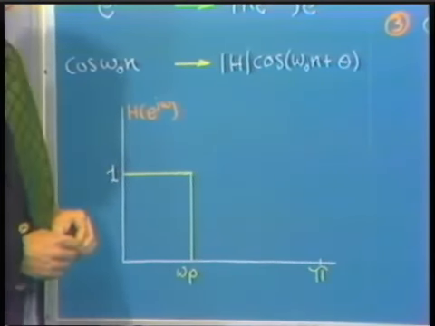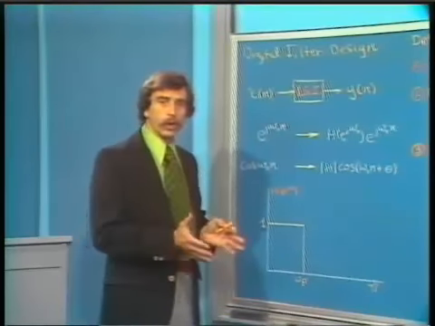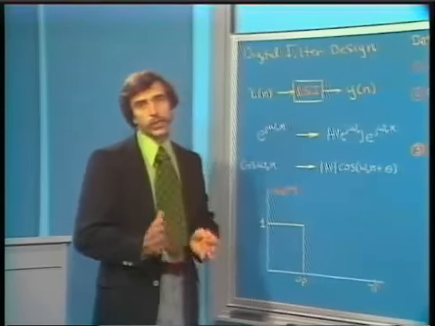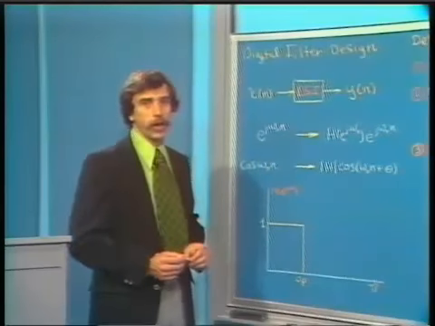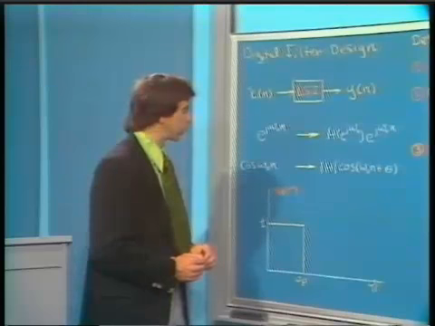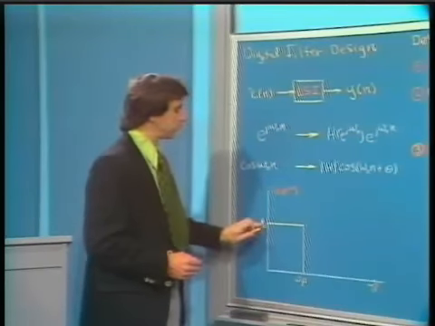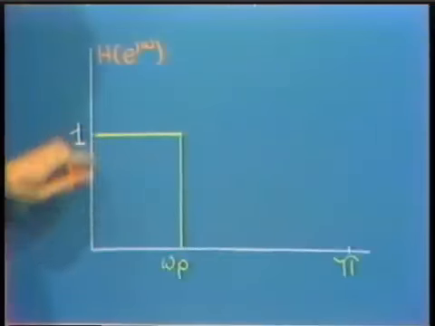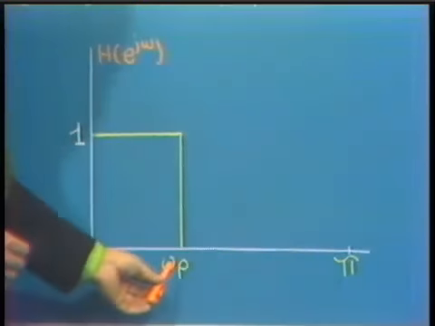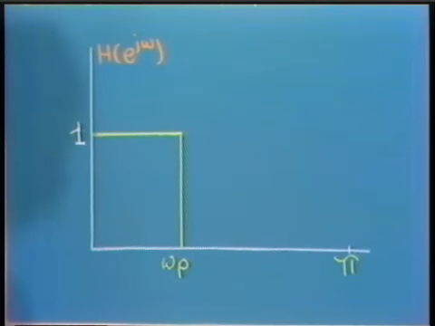So, for example, if we had a signal which was the sum of two components, one of which was low frequency and that we wanted to keep, and the other of which was high frequency and that we wanted to suppress, then we can consider extracting the wanted signal with a system whose frequency response ideally is unity at the low frequency end and zero at the high frequency end, or after some cutoff frequency, which I've denoted by ω_p.